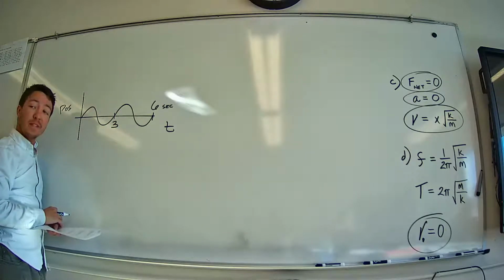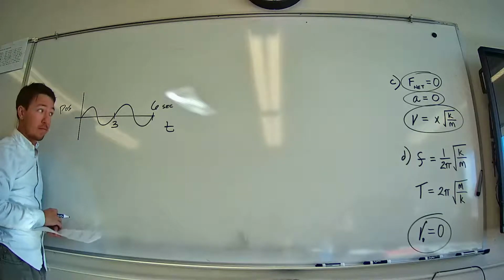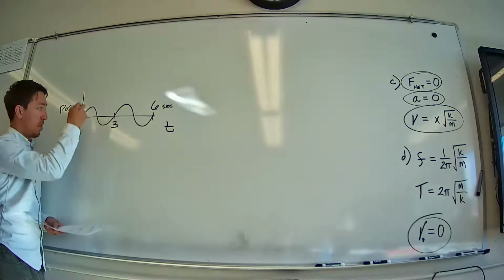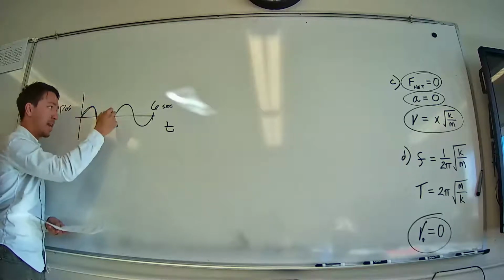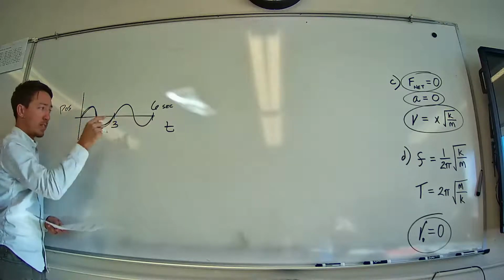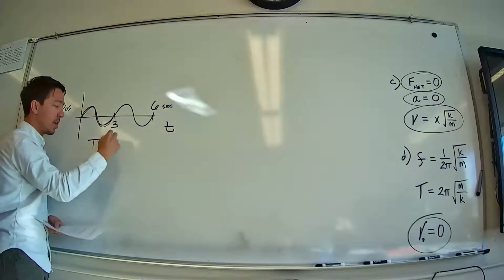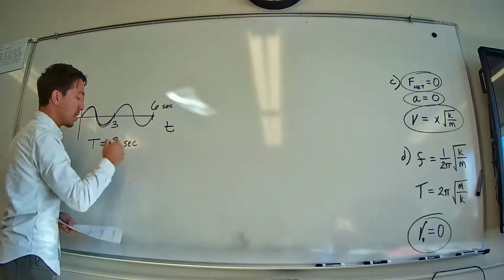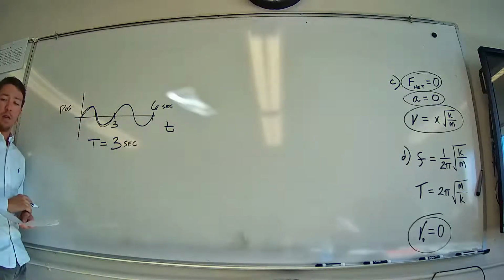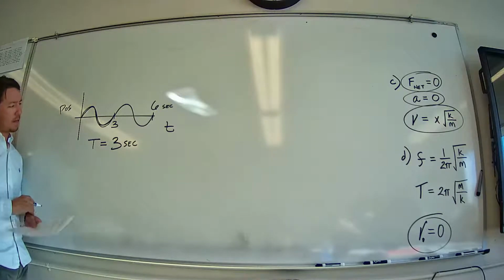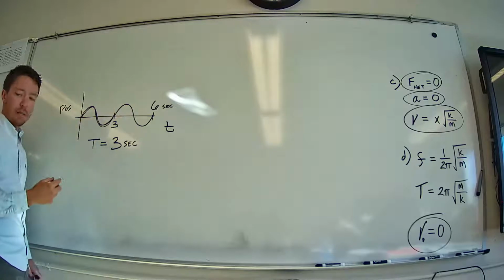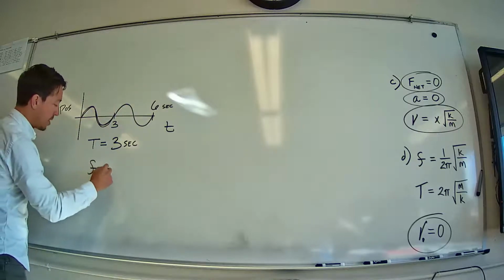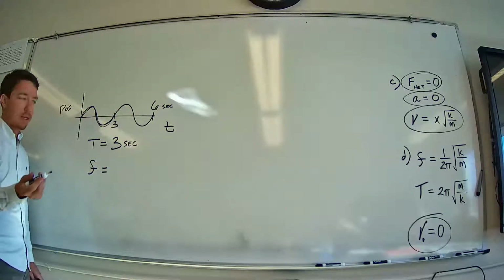The period. See? So this tells us that one cycle, so to go up, down, and back to the starting position, takes 3 seconds. So this graph is telling us that the system has a 3-second period. Maybe you were thinking, well, wait a second, I thought of it as telling us the frequency, because the frequency would be number of cycles per second.